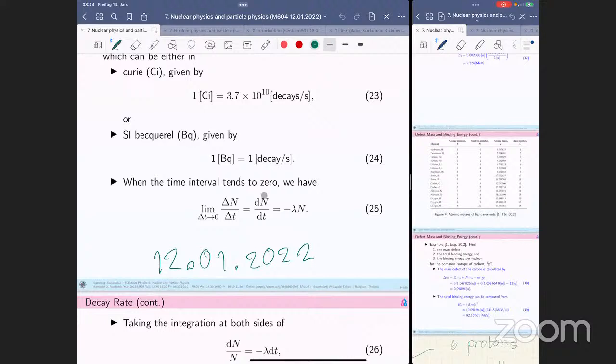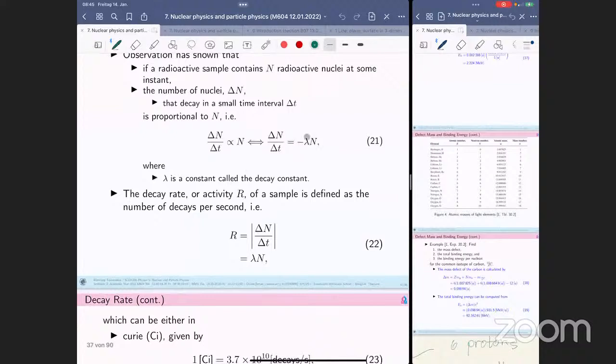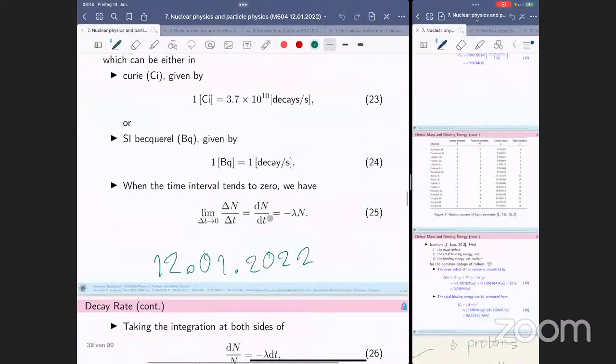It means the difference is very tiny and we get the rate of change in calculus, dN by dt equal to negative lambda N, which is this equation. We take the limit on the right hand side here. On the left hand side of the equality we get dN by dt.